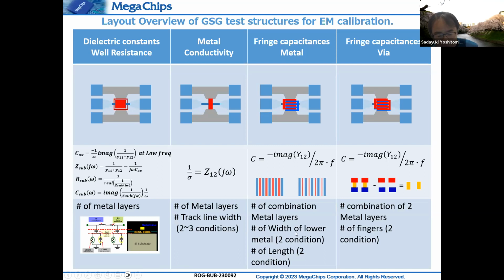red metals. At least two conditions are good to obtain the rough numbers, and three different widths is very good to have a more accurate extraction of the fringe capacitances. It depends on the requirement, how many numbers are needed.